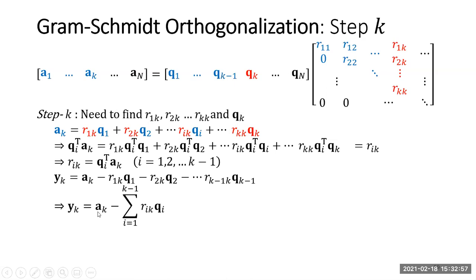So Yk is Ak minus the summation i equals 1 through k minus 1 of Rik Qi. Okay, this is what remains. I've basically brought all the known quantities to the other side, and I'm only left with Rkk Qk on the right-hand side. Hence, Rkk Qk equals Yk. How do I find out Rkk?